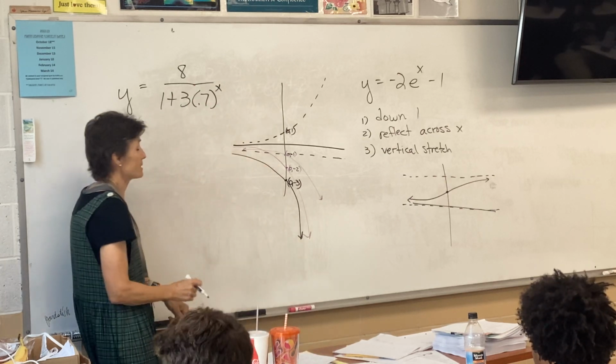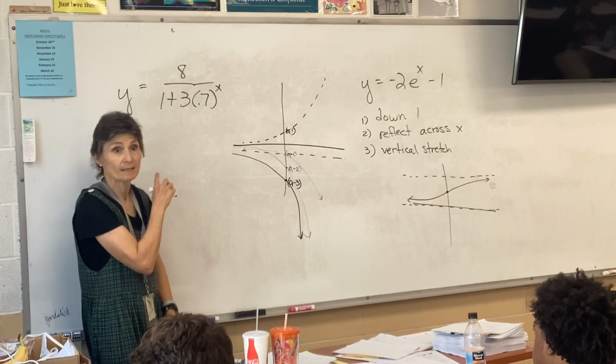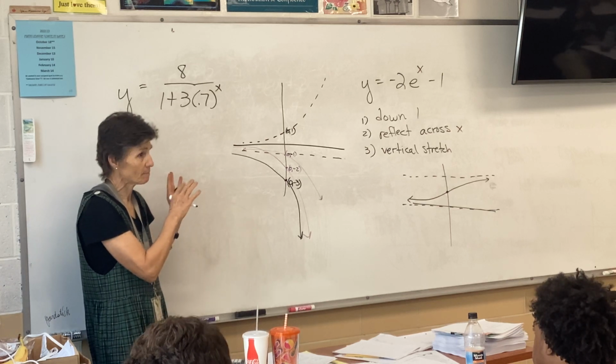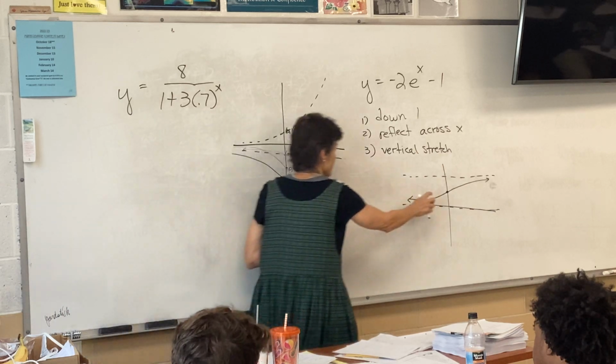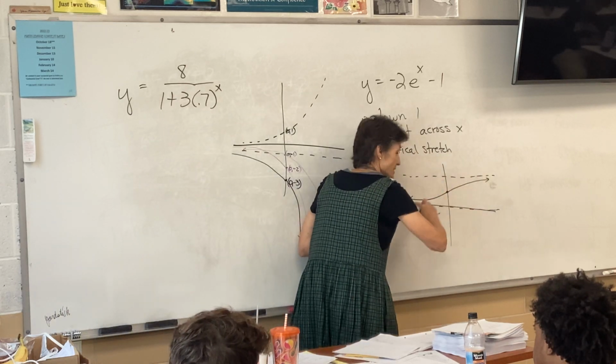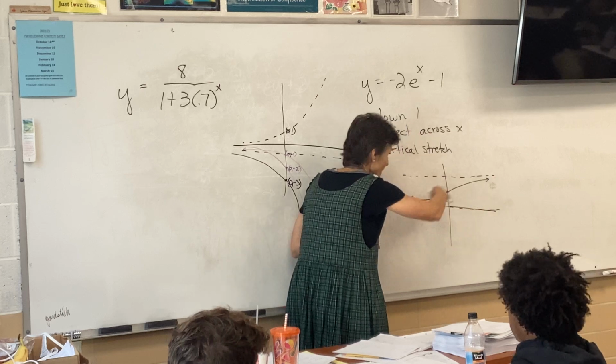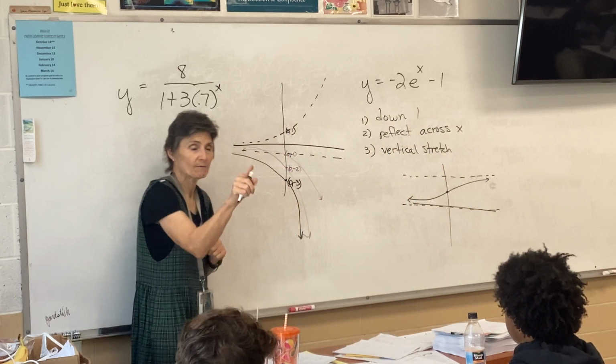Now, if I'm not using a calculator, I'm not real excited about graphing this thing. But if we can figure out this point and these asymptotes, then we can just fill in that shape, right? So we just need to figure that out.